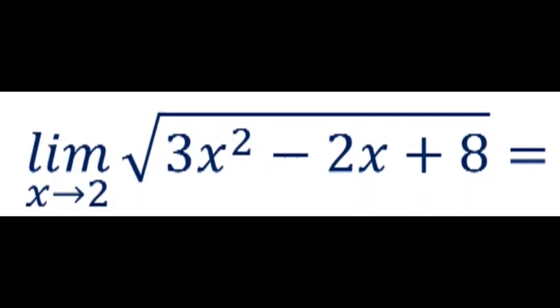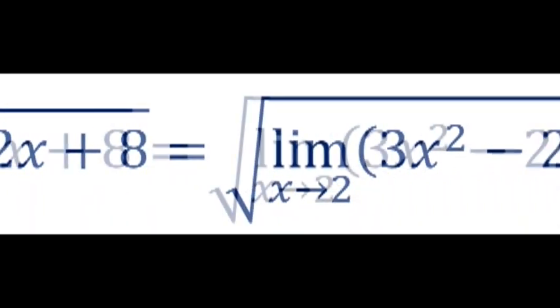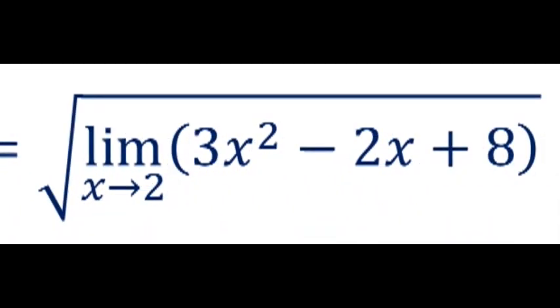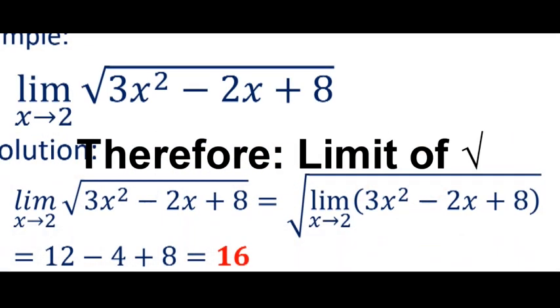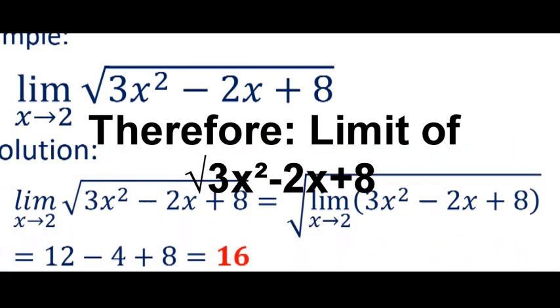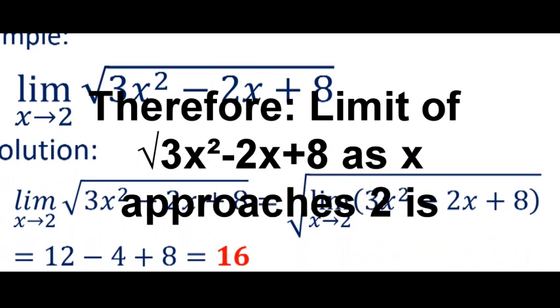Take note, in the solution, we have to take the square root of all the terms, all the functions, and then distribute it, then get the individual limits. Okay. The limit of 3x squared as x approaches 2 minus 2 times the limit of x as x approaches 2 plus the limit of 8 as x approaches 2. To simplify, that gives us 12 minus 4 plus 8, which is 16. Therefore, the limit of square root of 3x squared minus 2x plus 8 as x approaches 2 is 16.